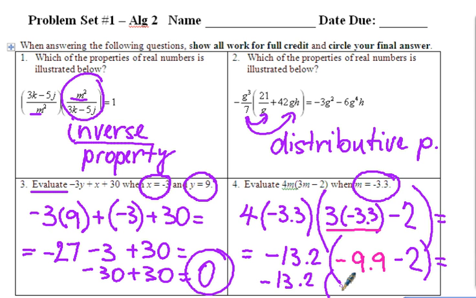Negative 9.9 minus 2 is negative 11.2. And the final answer, we are multiplying two negative numbers, so the final answer is going to be positive. It's going to be 157.08.